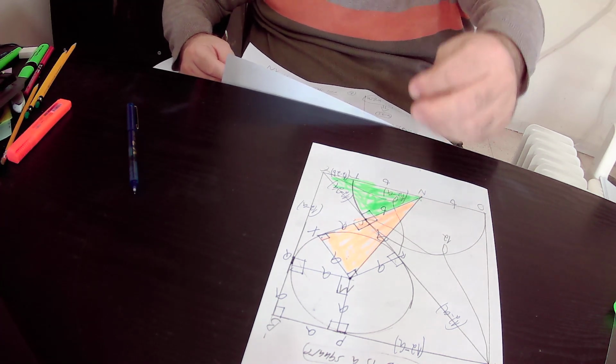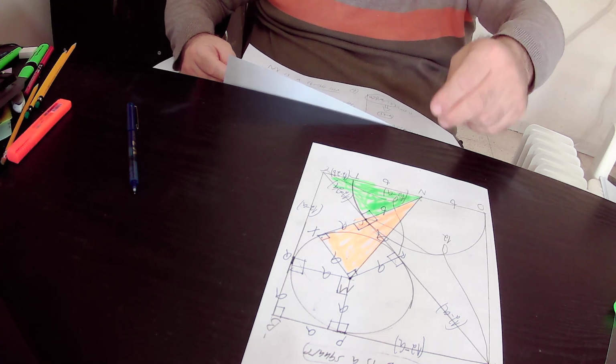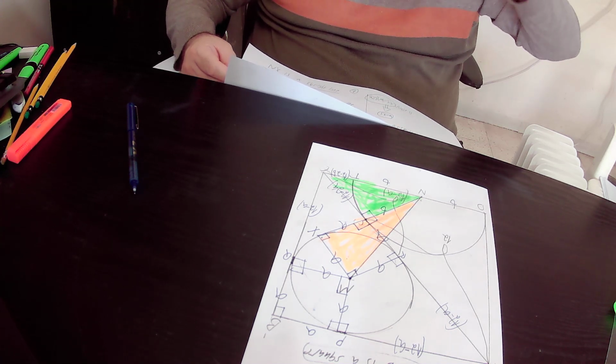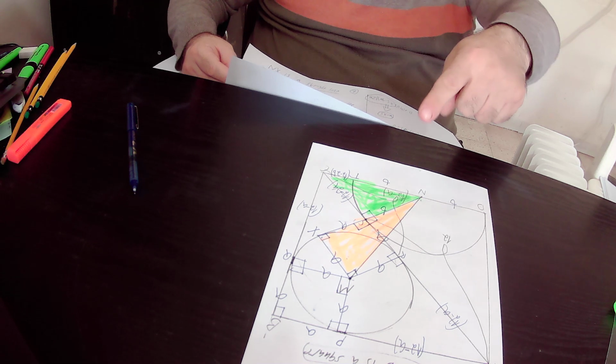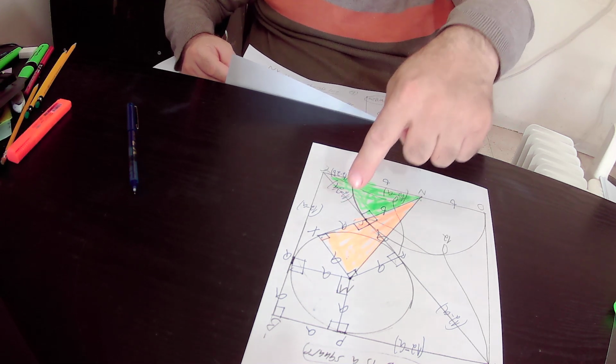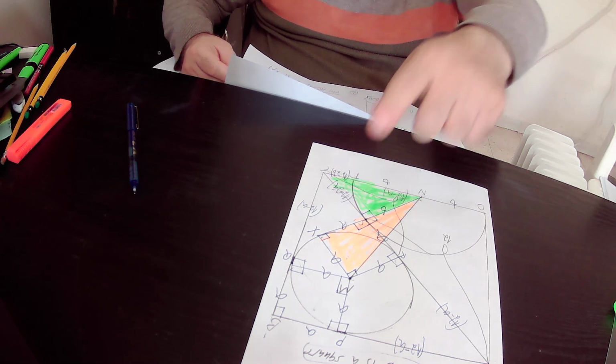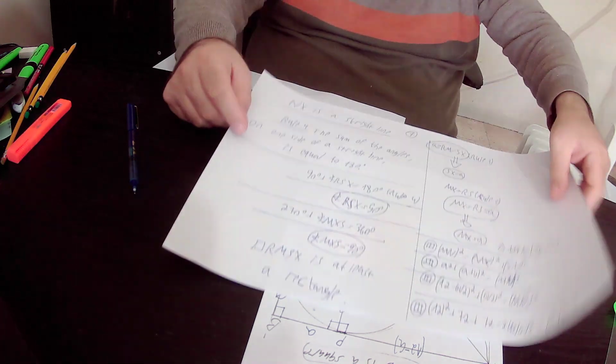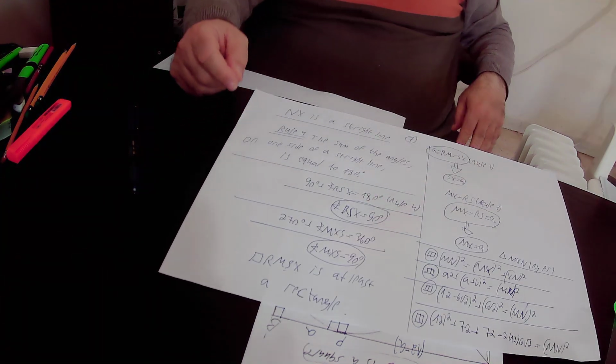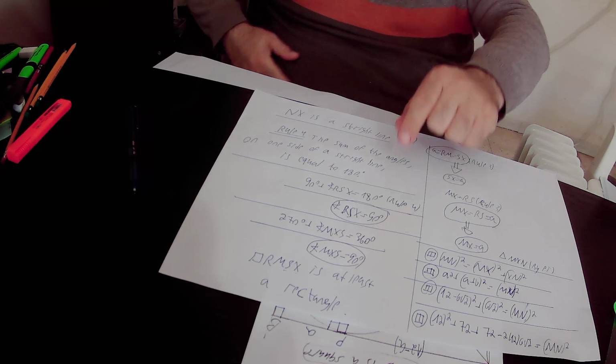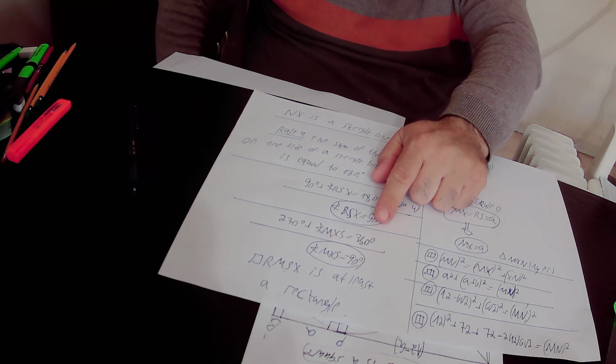So actually in quadrilateral RMSX we have 3 right angles, and the sum of 3 right angles is 270 degrees. So 270 degrees plus the size of angle MXS, in total they must be equal to 360 degrees according to the rule that the sum of the angles in any quadrilateral is equal to 360 degrees.